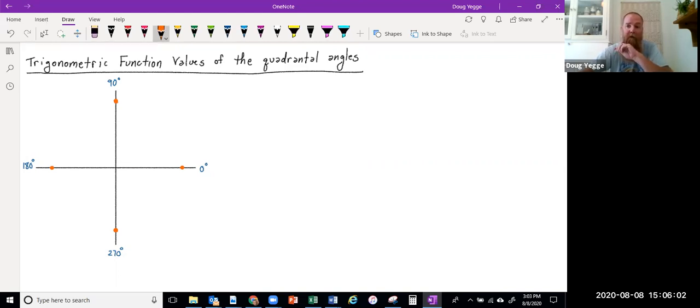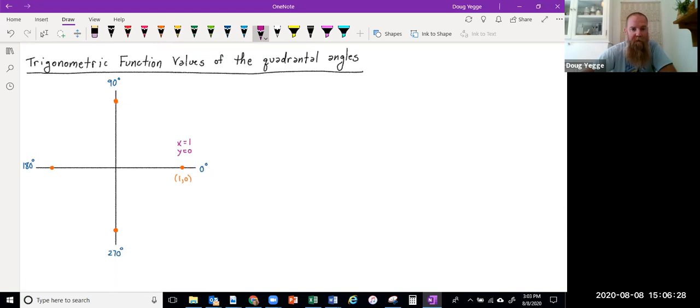Now, we could pick any point along these angles. And so the easiest point that we would typically choose would be the point that's 1 unit away from the origin. So if I were to pick this to be the point 1, 0, then we should realize that at each of our locations, in this case, x is equal to 1 and y is equal to 0.